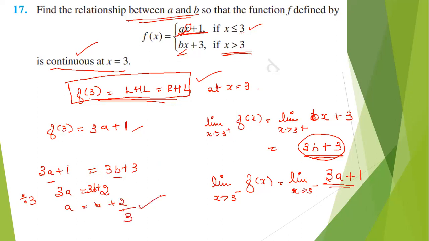So this is the relationship between a and b. Got it? If you take b as 1, what will a be? a will be 1 plus 2 by 3. This is the relationship between a and b. Got it? Just equate, that's all.